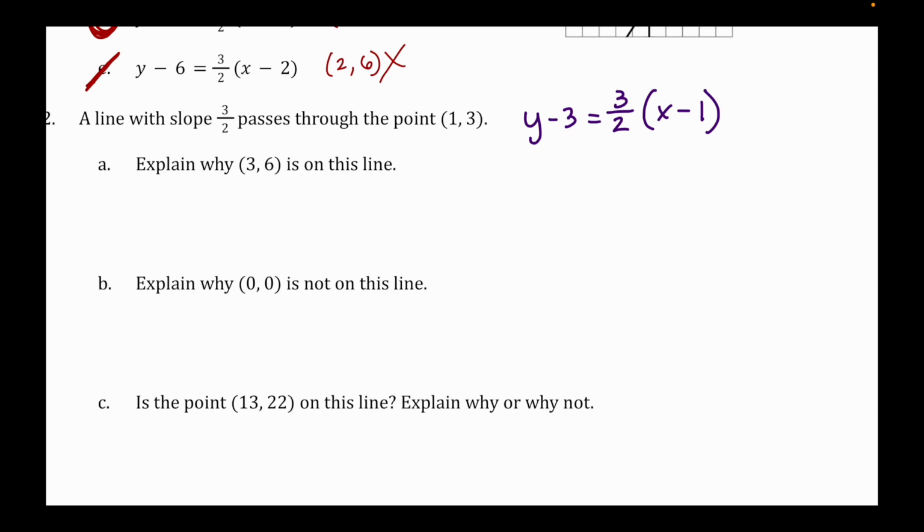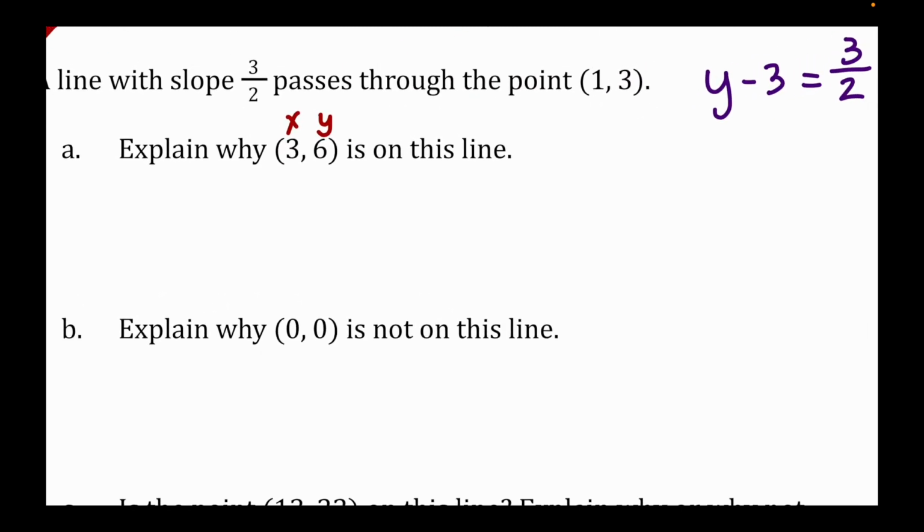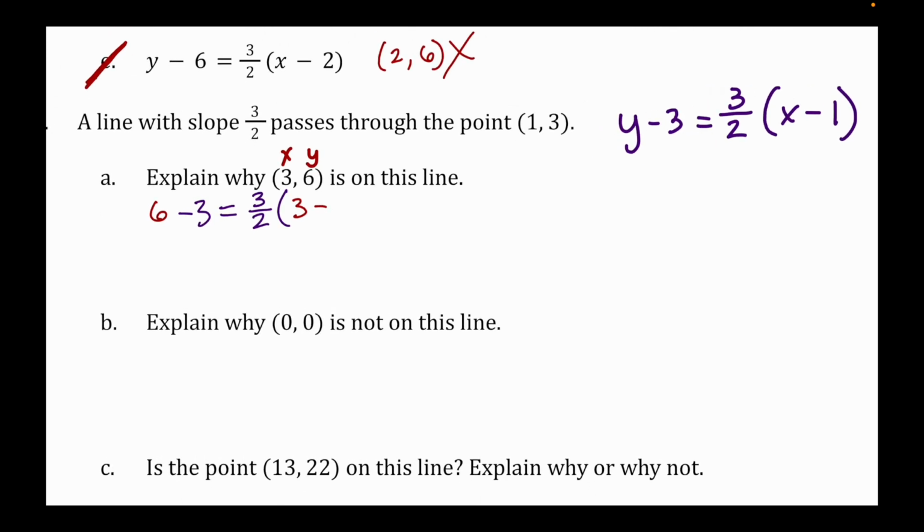If I need to explain why 3 comma 6 is on the line, plugging in those values for x and for y is going to be part of my explanation. So 3 gets plugged in for x and 6 gets plugged in for y. Instead of y, it's going to be 6 minus 3 equal to 3 over 2 times 3 minus 1.